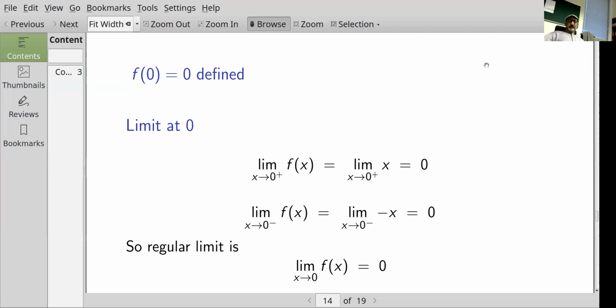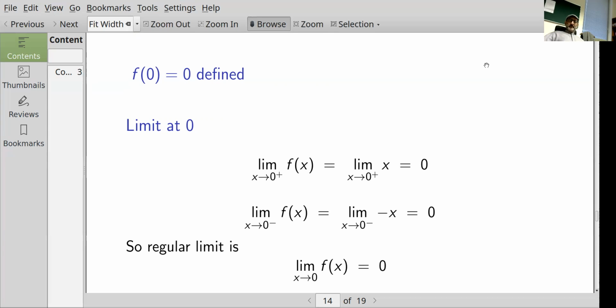The limit as x goes to 0 from the right of f of x equals the limit as x goes to 0 from the right of x, according to the definition of the function, and that's equal to 0. The limit as x goes to 0 from the left of f of x equals the limit as x goes to 0 from the left of minus x, that's the form of the function for negative numbers, and that limit is equal to 0. Because the two directional limits are the same, the regular limit exists and is equal to the directional limits.